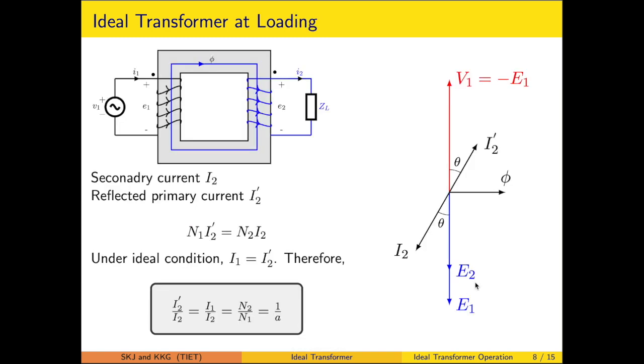Now we have to consider the transformer under loading. Loading means you have connected a load or impedance on the secondary side. Because of this there will be a current in the secondary, as mentioned in the operation of the transformer. This secondary current gives rise to its own flux, which is going to reduce the original flux level.